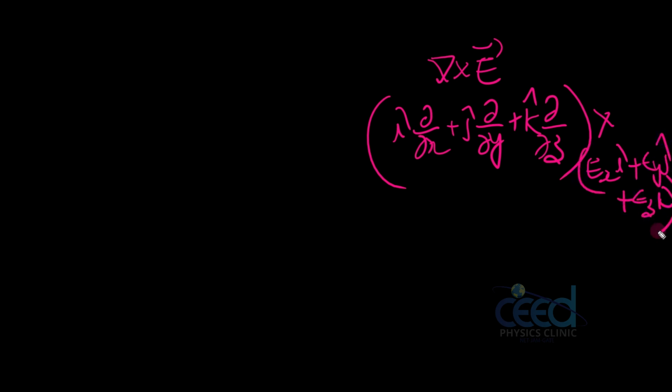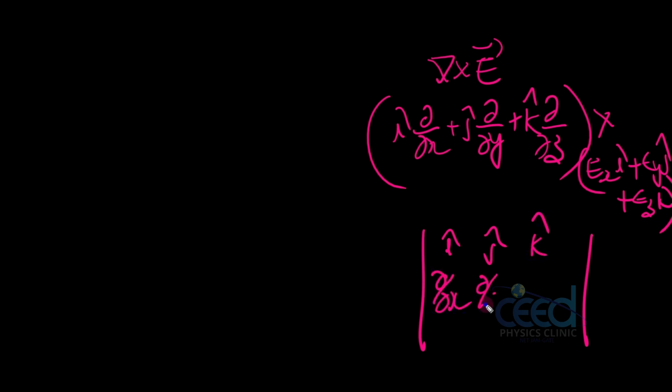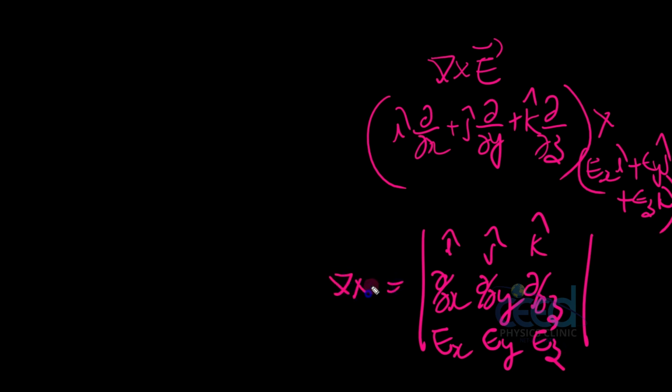So I can write this in determinant format: i cap, j cap, k cap, dou by dou x, dou by dou y, dou by dou z, and Ex, Ey, Ez. So this is del cross E.